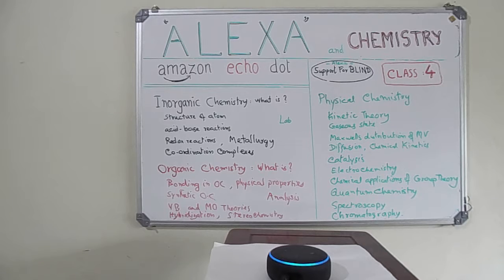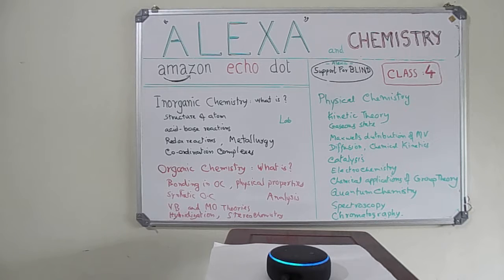Alexa, what is analytical chemistry? The noun analytical chemistry is usually defined as the subdivision of chemistry dealing with the qualitative and quantitative determination of chemical components of substances.